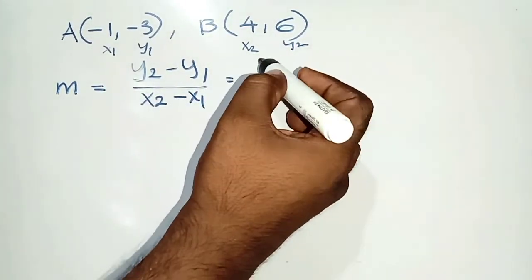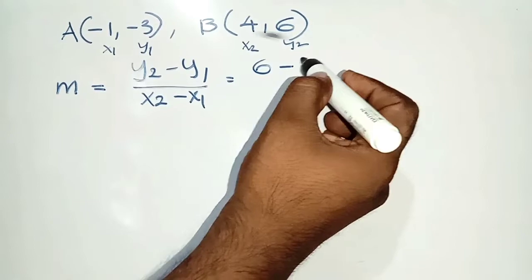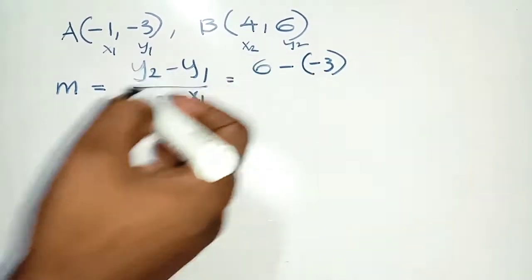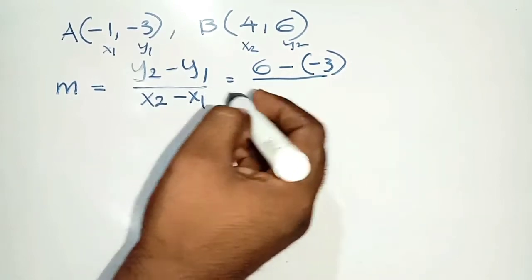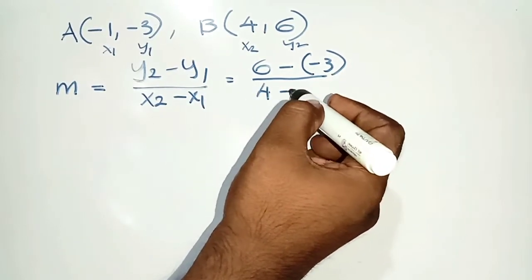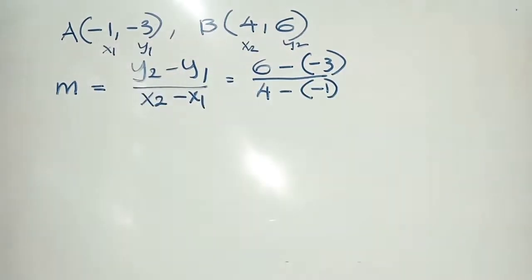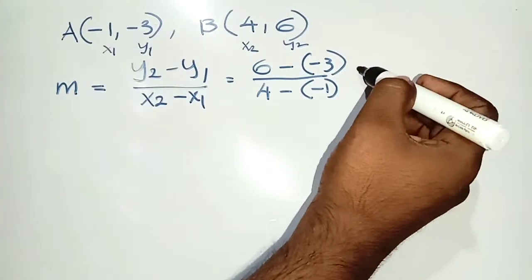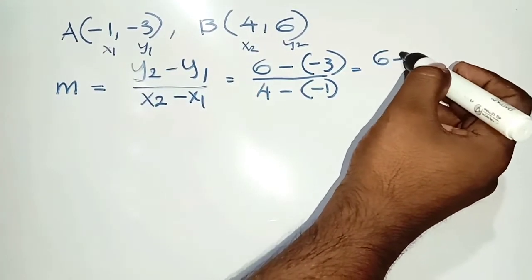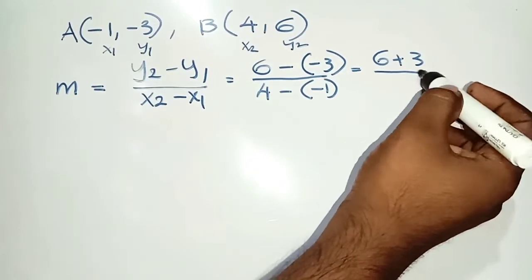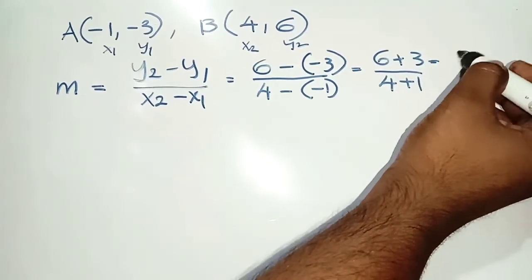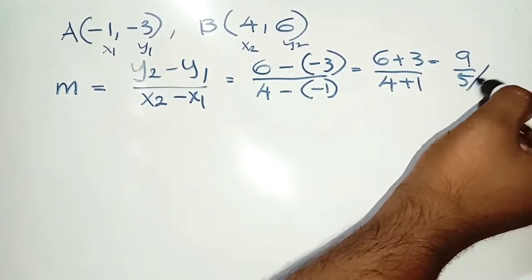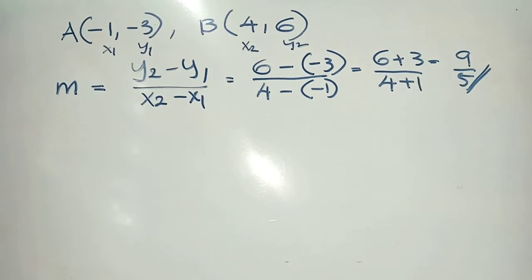We get 6 minus (-3) divided by 4 minus (-1), which is equal to 6 plus 3 divided by 4 plus 1, minus into minus is plus. It is 9 divided by 5 as the gradient. Okay, so our gradient is 9 by 5.